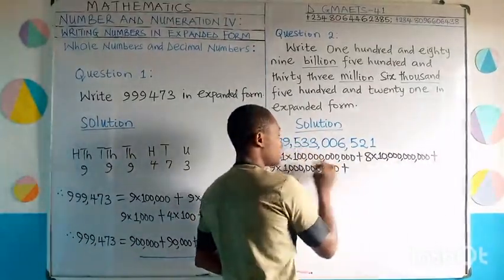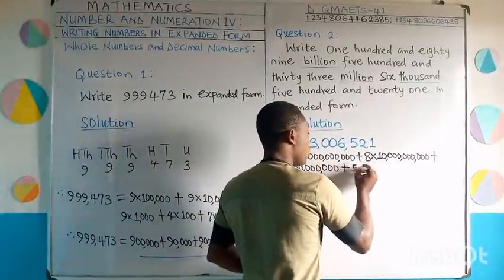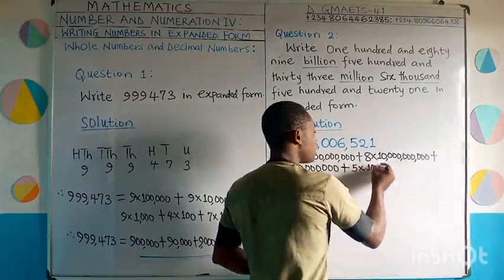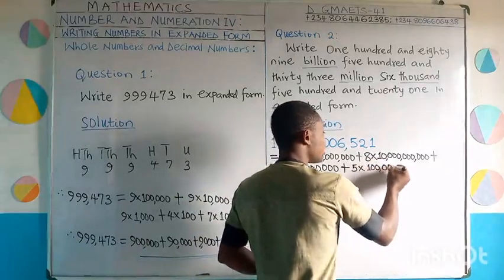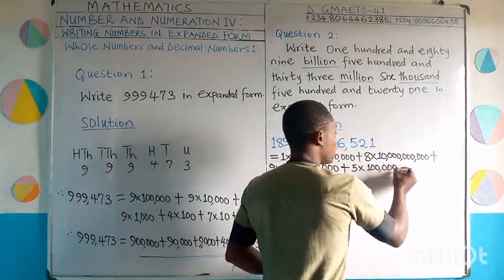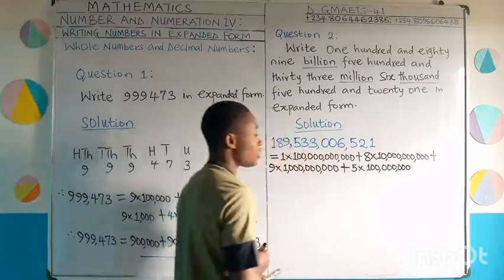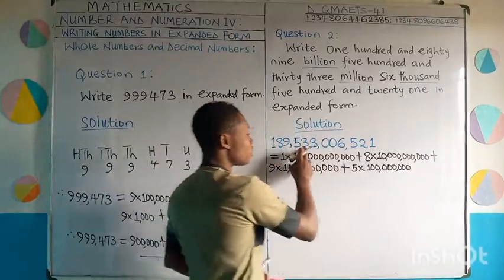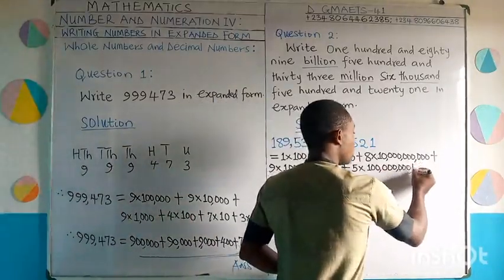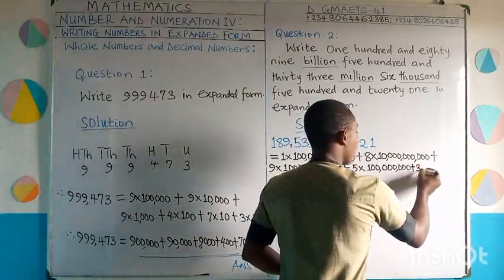So we're going to pick this 5, that digit there, and then we multiply it by 100 million, written as 100 and then 6 zeros. That's 100 million. We move to this 3. We're going to use 3 to multiply.